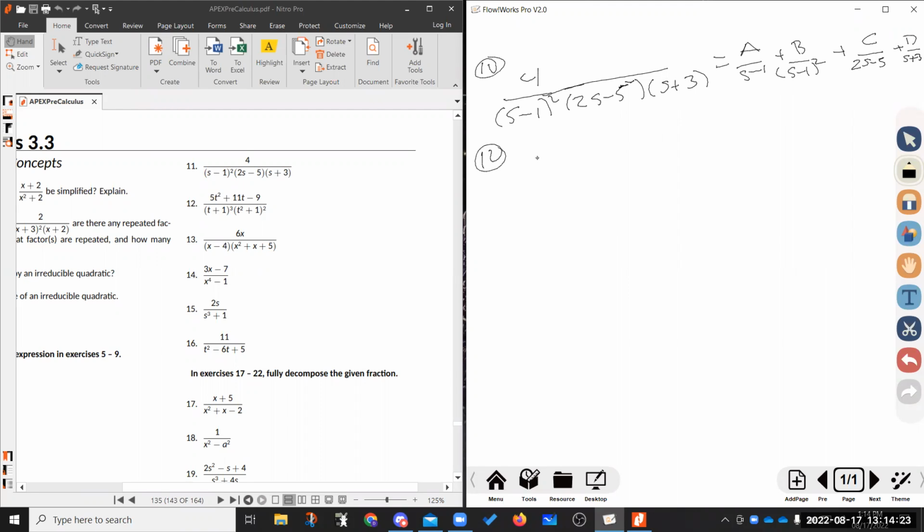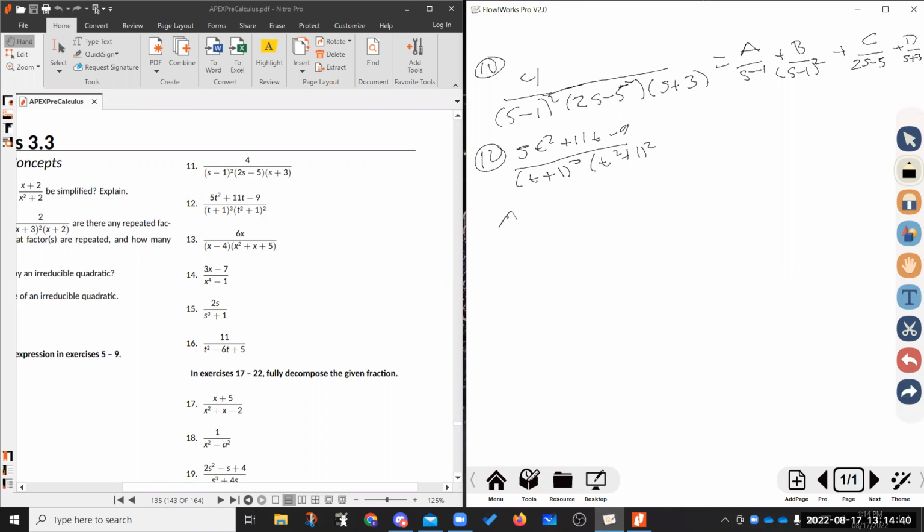In this one, we have 5t squared plus 11t minus 9 over (t plus 1) to the third, (t squared plus 1) squared. This is an irreducible quadratic, so we're going to have to deal with that in this one.